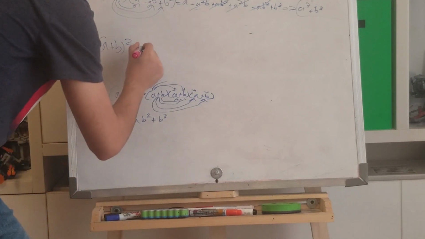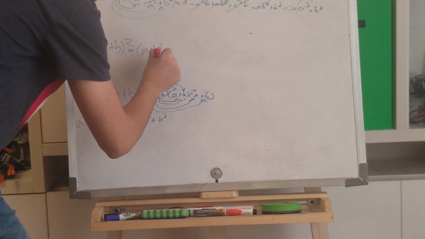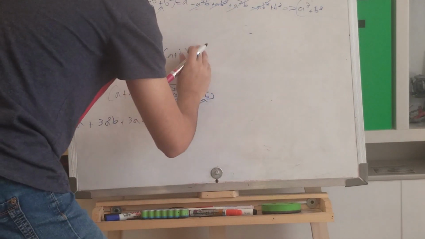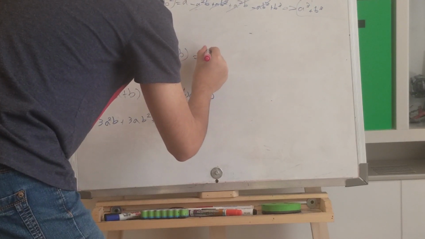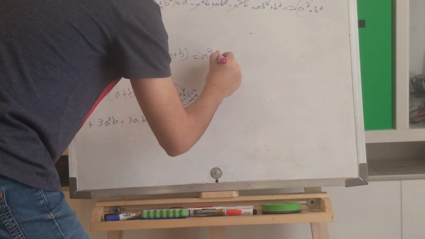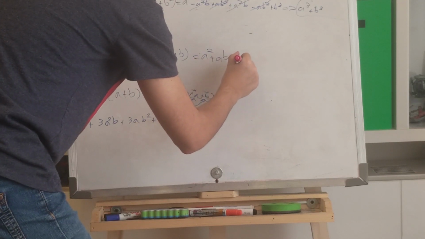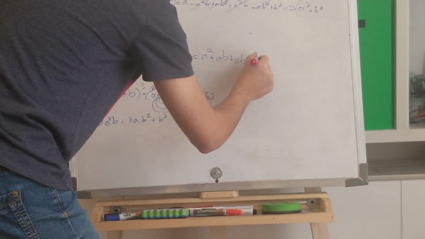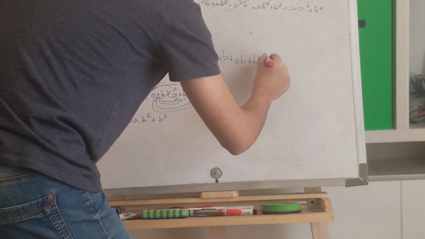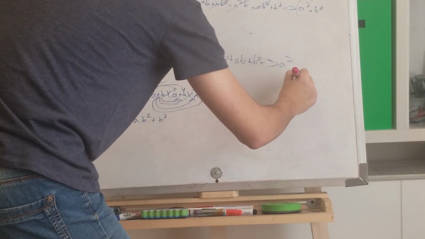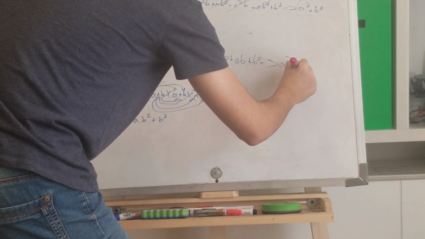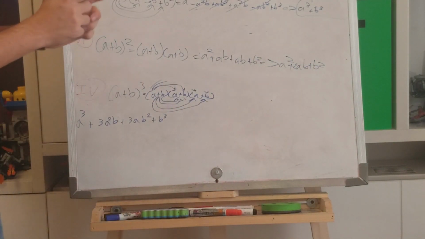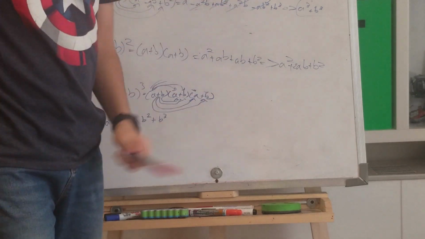It's because this is (a plus b)(a plus b), which equals a squared plus ab plus ab plus b squared, which proceeds to be a squared plus 2ab plus b squared. And that's how this works.